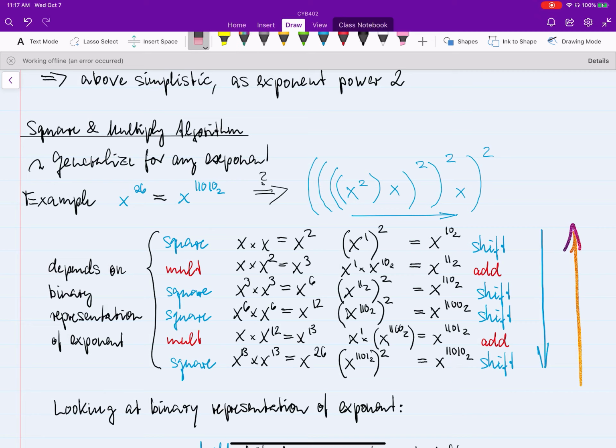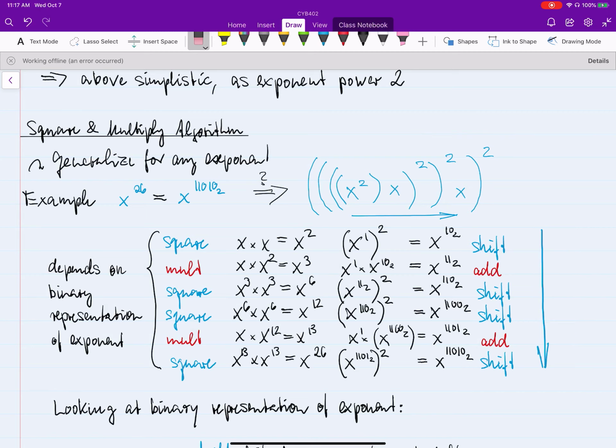And then we go one further down and we square. And then again, we go further down and we square and we multiply. And then finally, we go down and square one last time. Exactly those operations that we did here.